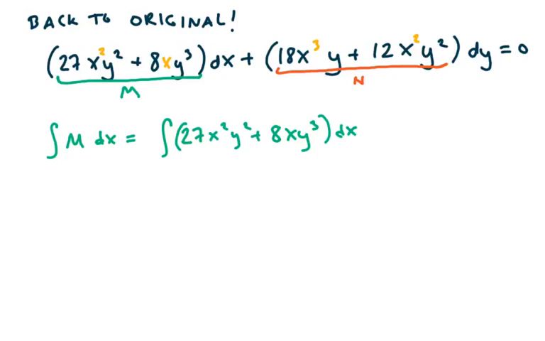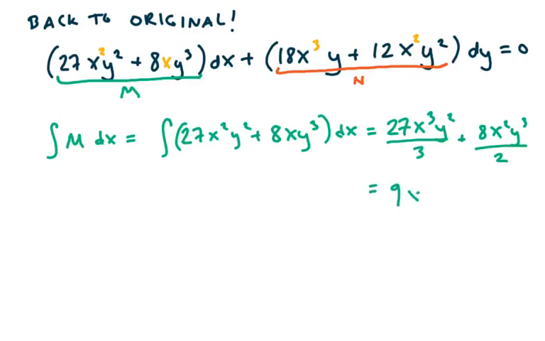That's pretty friendly, so that should give us 27x cubed y squared over 3, using our power rule for integration, plus 8x squared y cubed over 2, which we can simplify to 9x cubed y squared plus 4x squared y cubed.